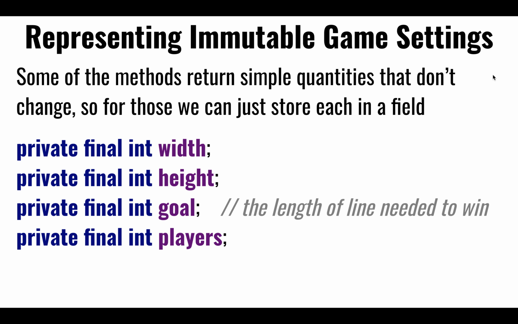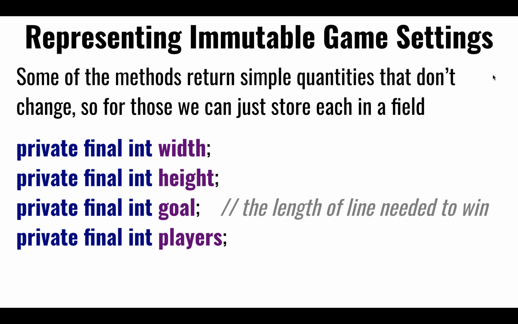So we know that certain values are not going to be mutable, meaning they're going to be set at the beginning and they're not going to change after that. This is going to be the initial configuration of the game. The size of the board, the width and the height, is going to be set perhaps in the constructor, and then it's not going to change ever again. So those are fine to be finals.